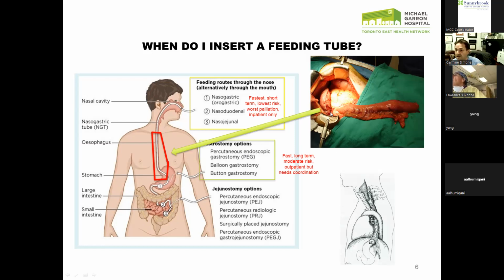You can see the proximal stomach, and this is the greater curve of the stomach, and this is the gastroepiploic artery that goes along the greater curve. So if it's in the proximal stomach or in the body of the stomach, it's usually safe and will not impact anything in surgery. But if it's over the greater curve, close to the gastroepiploic, then this conduit is going to be compromised.